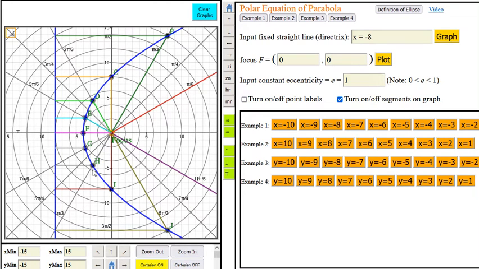For a parabola, the eccentricity is defined as the distance from the point to the focus divided by the distance from the point to the directrix. Since these two distances are the same, the eccentricity is 1.